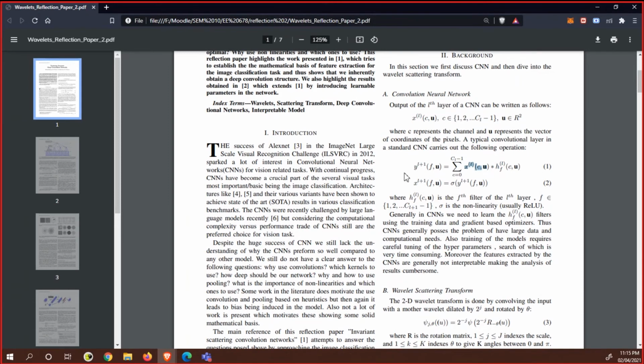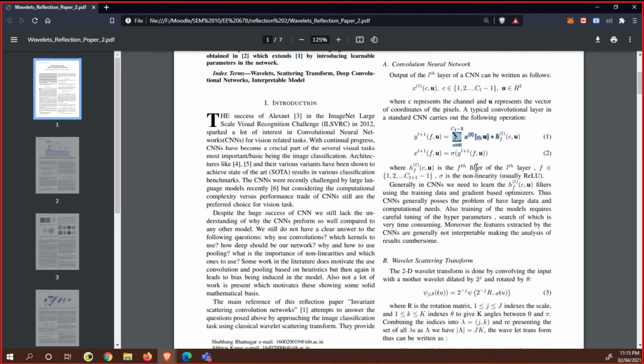The (l+1)-th layer output is given by sigma, a non-linearity applied to the output of the convolution. So this is what our standard CNNs were.